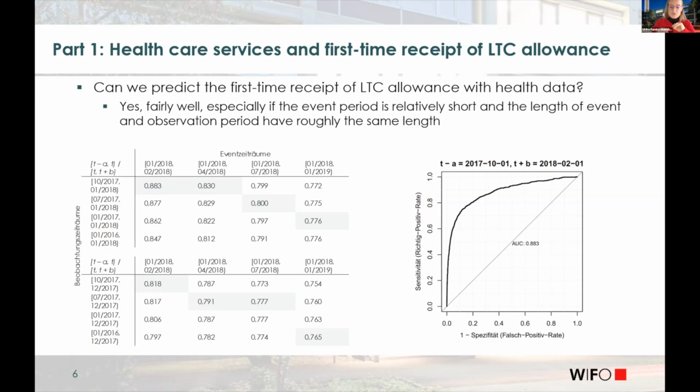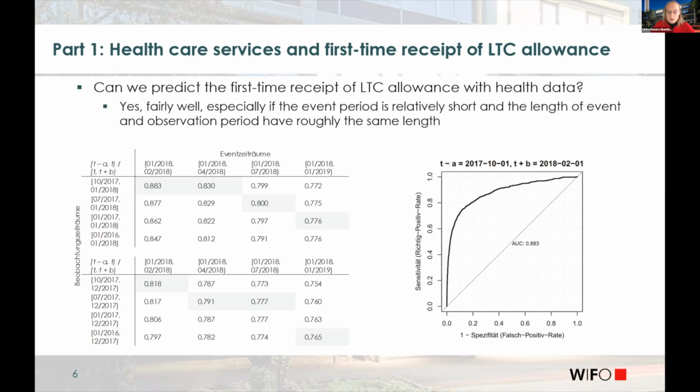So here you see the resulting ROC curve. ROC comes from receiver operating characteristics. ROC curves are used to compare the true positive rate of a classification method, which is called the sensitivity, with its false positive rate or the failure rate. In general, models with the highest possible sensitivity and the lowest possible failure rate are desirable.